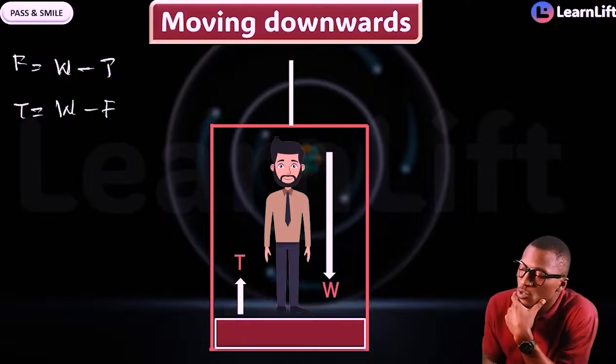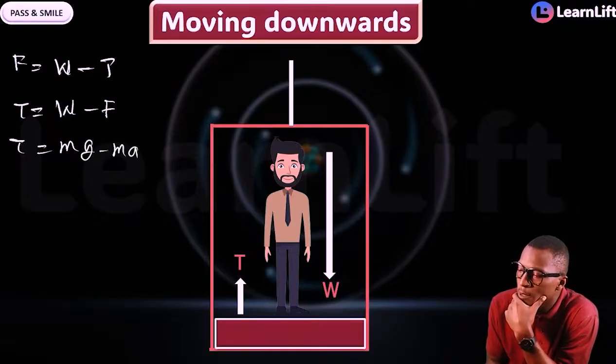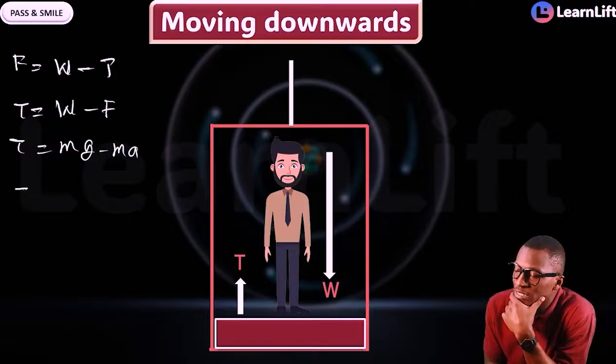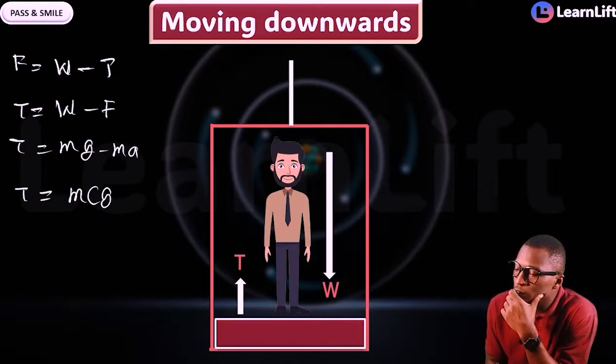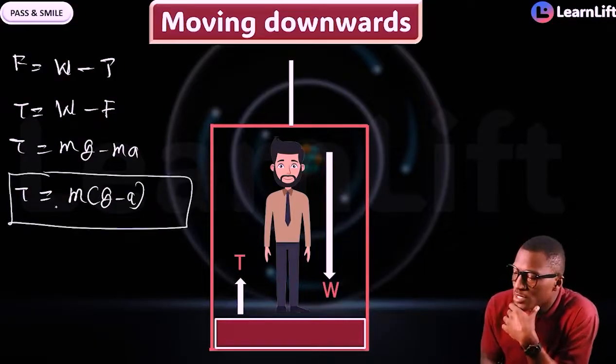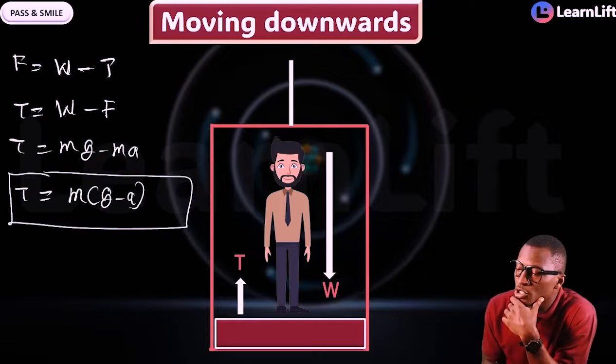So therefore, tension is equal to mg minus ma. So we can say that T is equal to m into (g minus a). This is when the man is moving downward: T equals m(g - a).